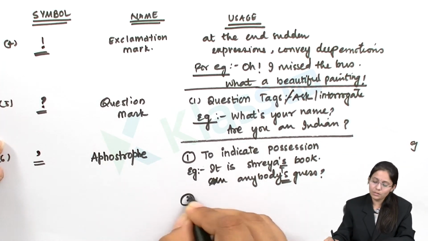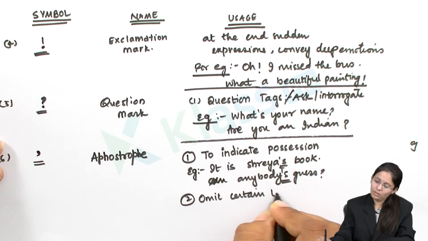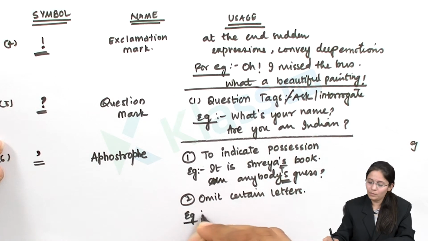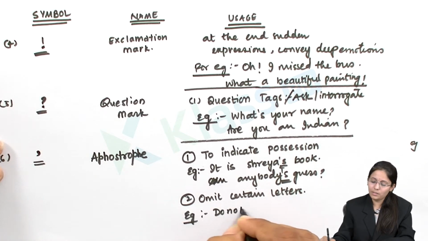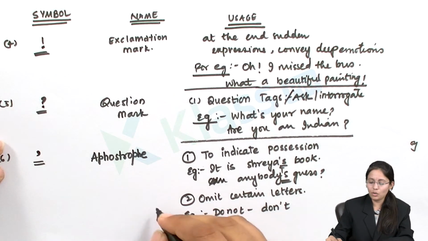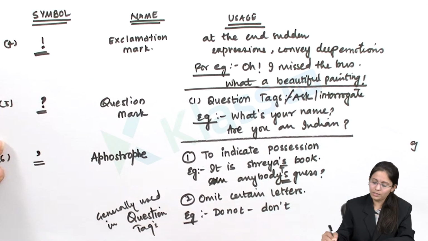We also use it when we omit certain letters. Omitting, in the sense of missing out certain letters. For example, "do not" can be written as "don't." These are generally used in question tags.